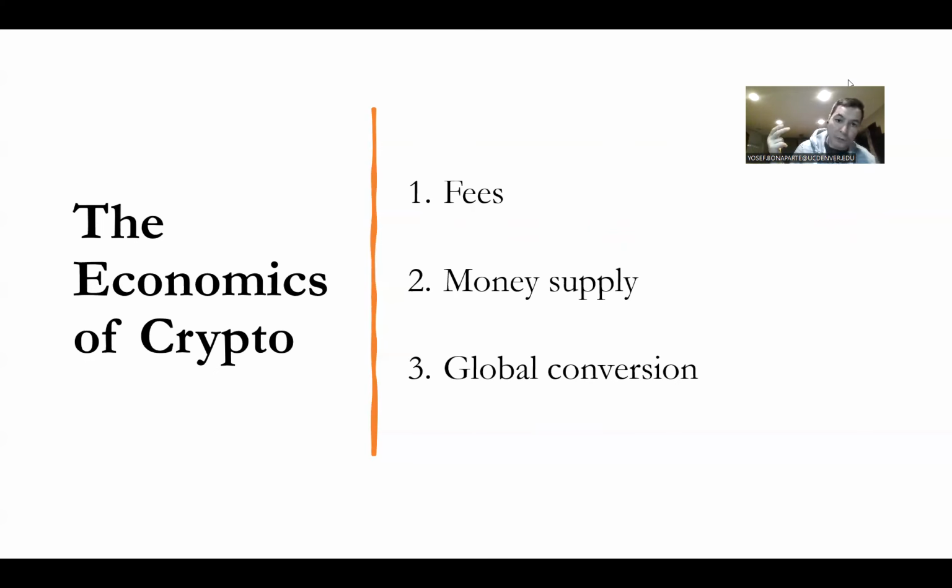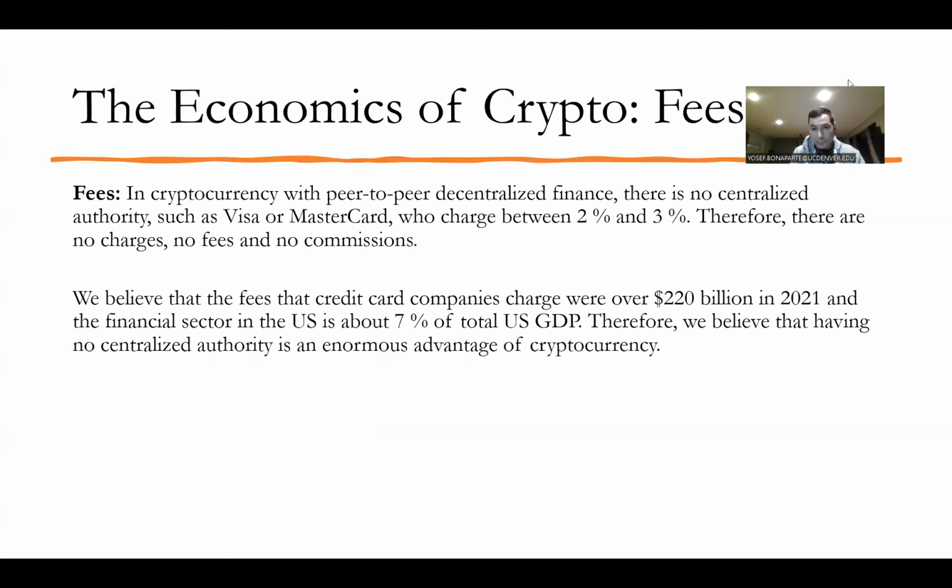Then what's the economics of crypto? Fees, money supply, and global conversion. Fees, like as of now, when you do a transaction, Visa charges Costco 2%, 1.5%, or 1%. I don't know what the deal is between Costco and Visa.